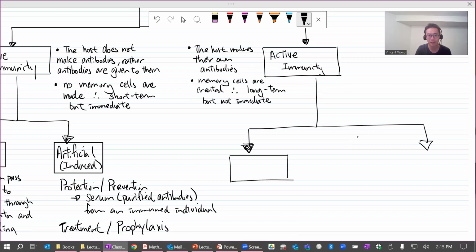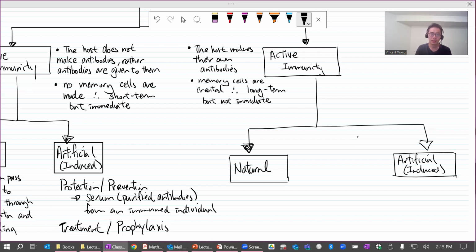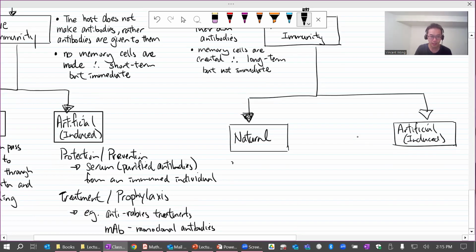Active now. Active, we have natural, and of course we also have artificial, aka induced. So natural is very easy to remember.